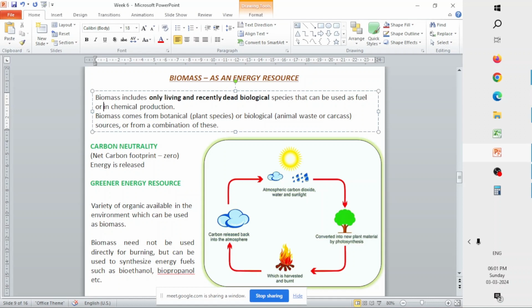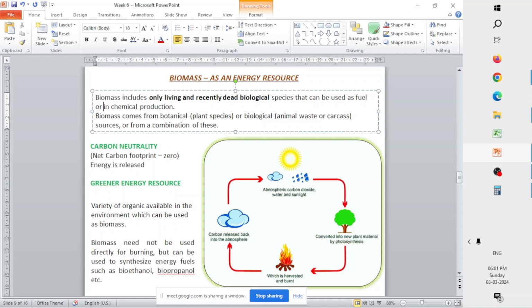Those oils can be used in many places, for example in the automobile industries and other industries where the use of oil is high. So biomass need not always be burnt to extract its energy; it can also be converted to other chemicals and fuels, from which you can synthesize or use the energy.